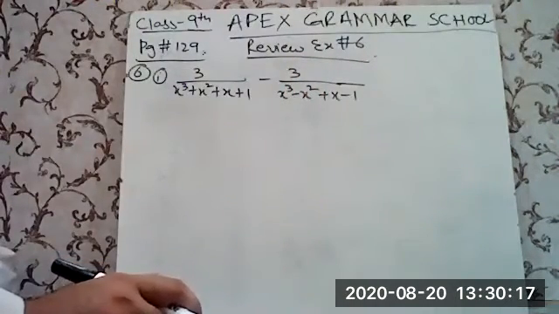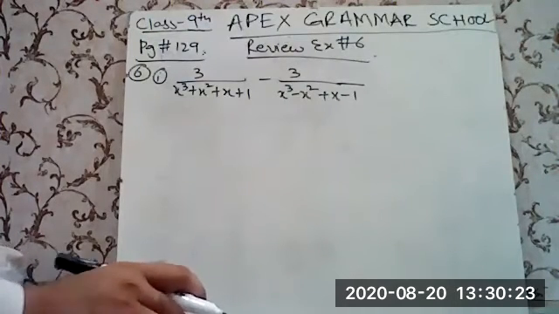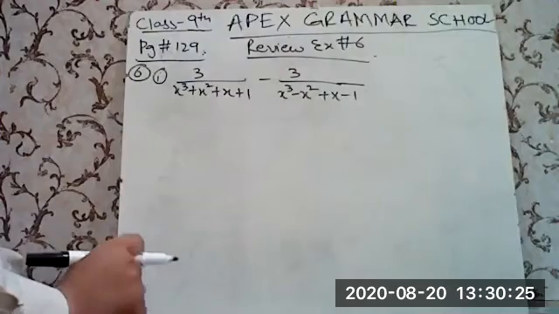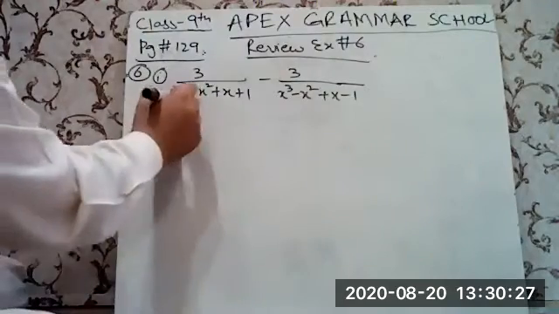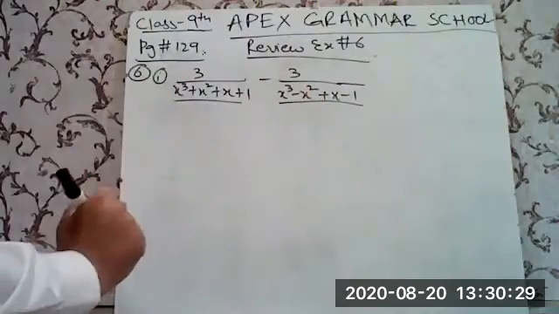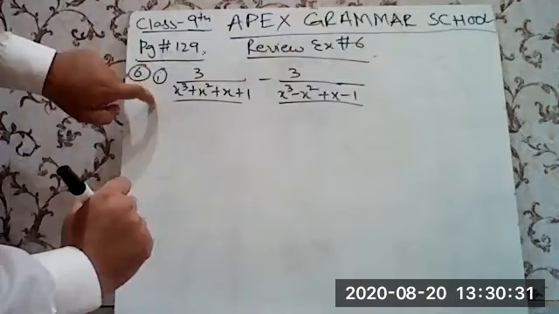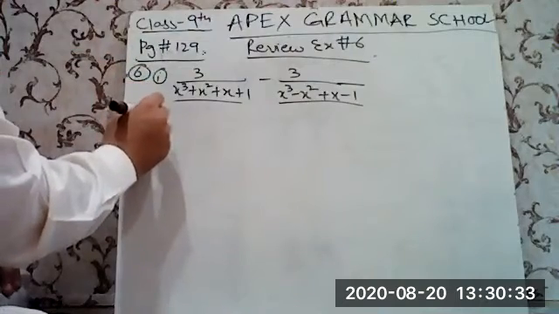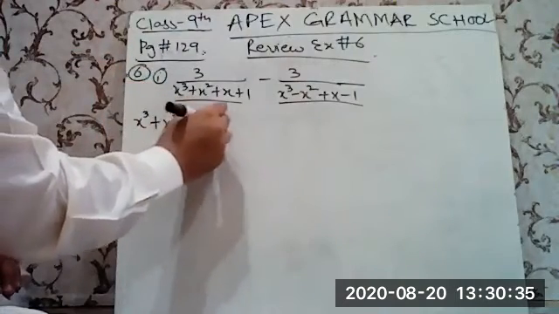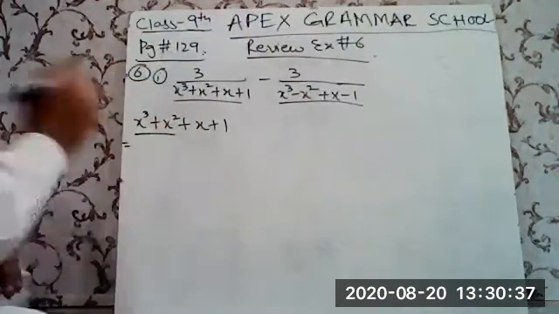There are many ways to solve this question. But the very simplest method to apply that, you need factorization of both of them. The factorization of this one is x cubed plus x square plus x plus 1. What is common here?